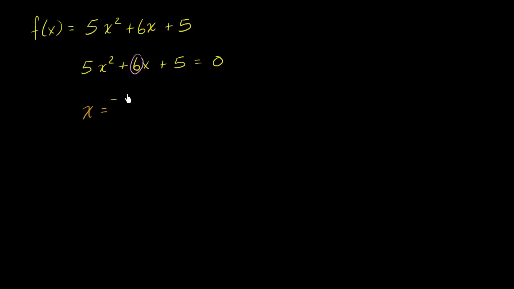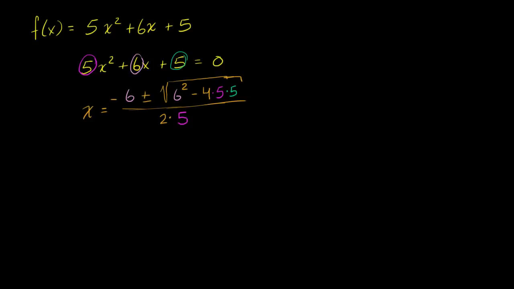Negative b, so negative 6, plus or minus the square root of b squared minus 4 times a times c, all of that over 2 times a.